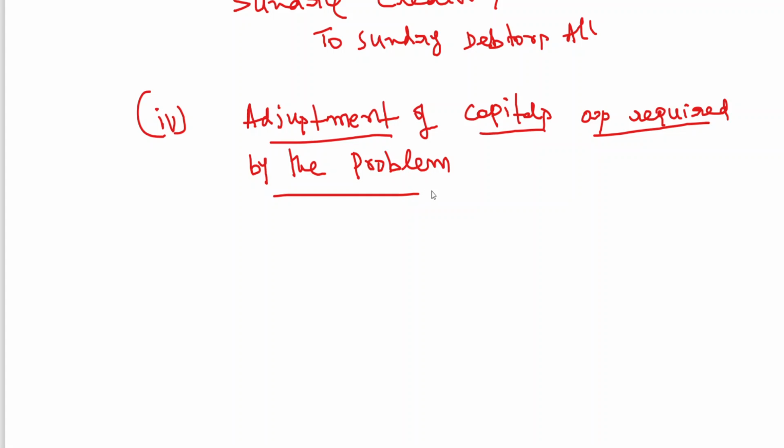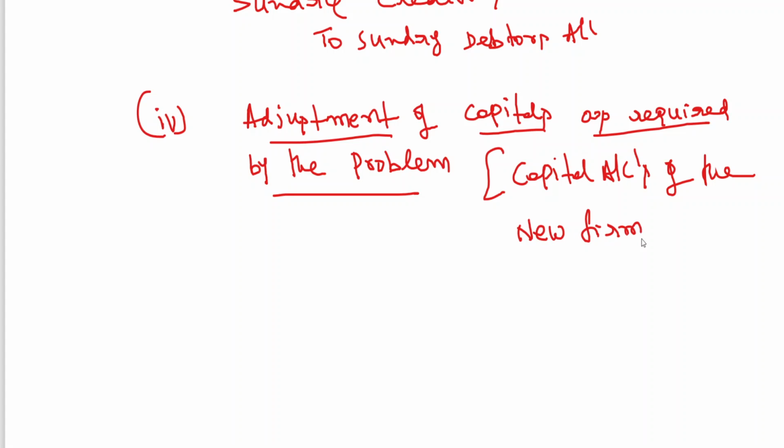You have to find out the new capital on the base of one of the partner's capital, then the capital is according to their new profit sharing ratio. Adjustment of capital required by the problem means capital accounts of the new firm will be in the new profit sharing ratio.